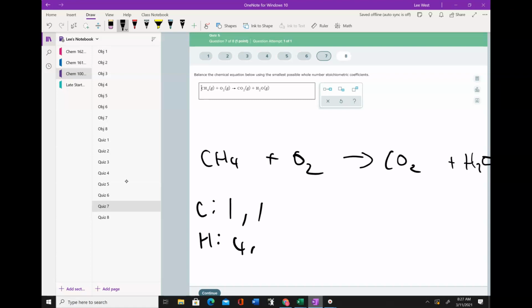Hydrogen, 4 on the left, 2 on the right. Let's get it up to 4 by putting a 2 there. Oxygen, 2 on the left, 2 plus another 2, 4 on the right. So we're going to need a 2 in there. And now everything is balanced. So it's 1, 2, 1, 2. Nice and easy.